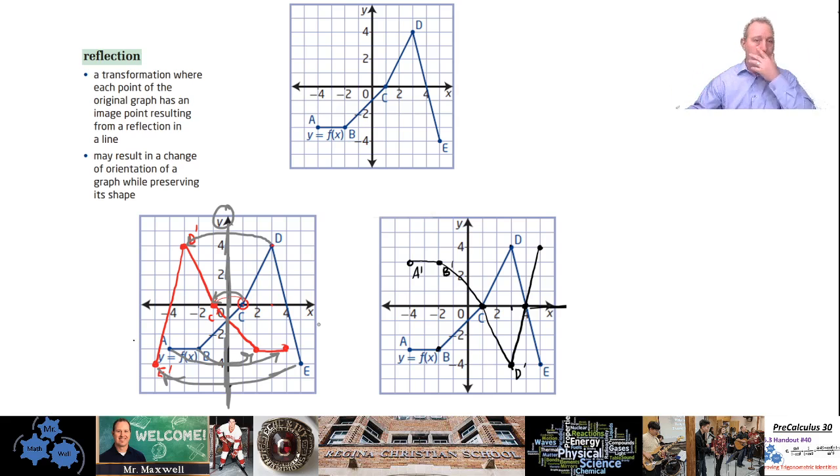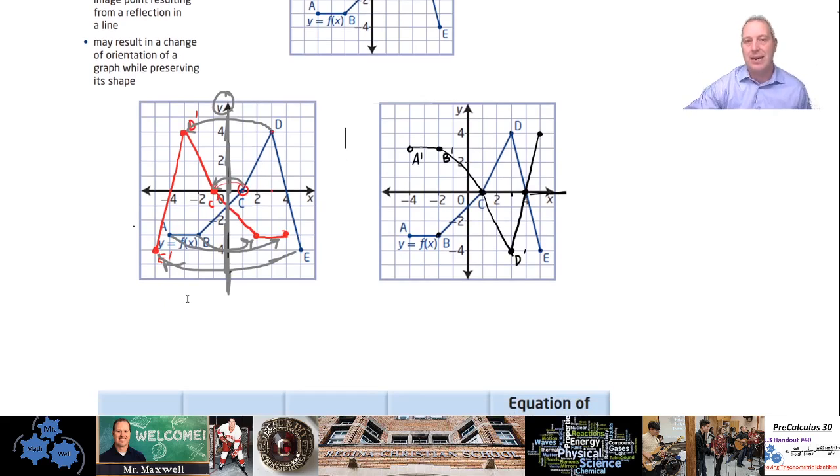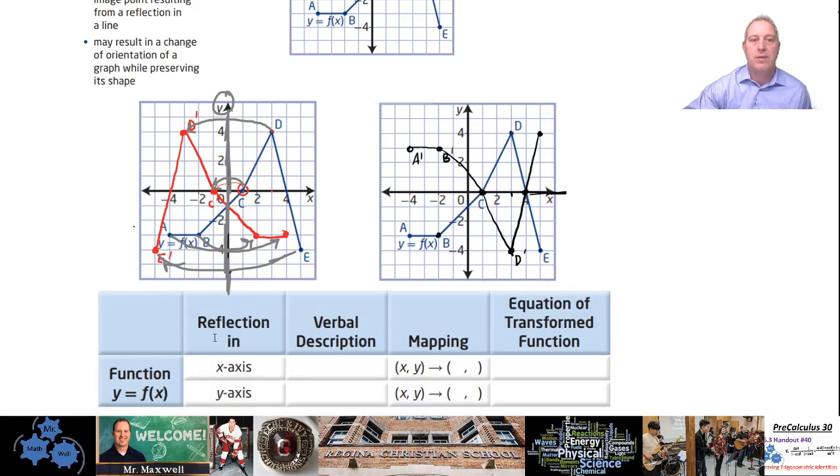That's rotated. Now, what is the difference between the original point, let's say D, and its image point, D prime? Well, the x values have changed. The y values are exactly the same. They're both 4 for these points. But the x value was positive 3 for the original, and now it's negative 3. So when we reflect about the y-axis, I'm going to bring this little chart up here, it's a horizontal flip, sideways.